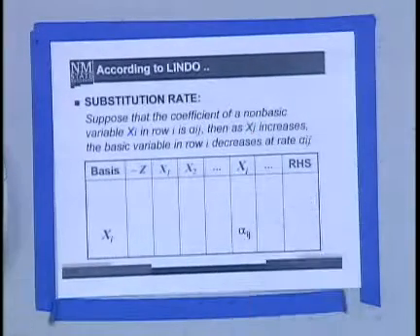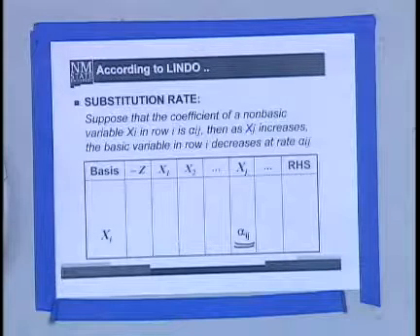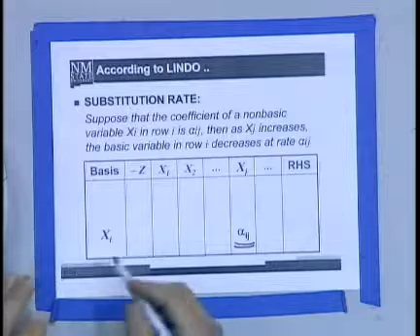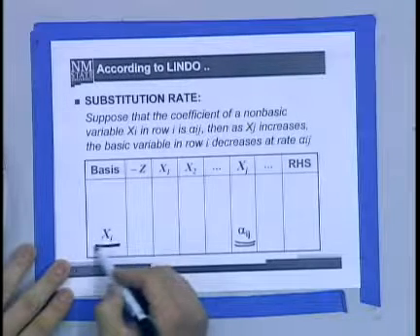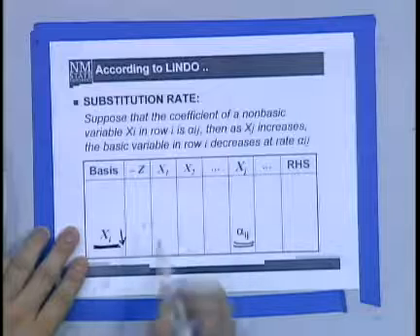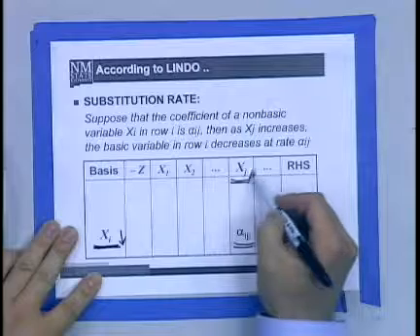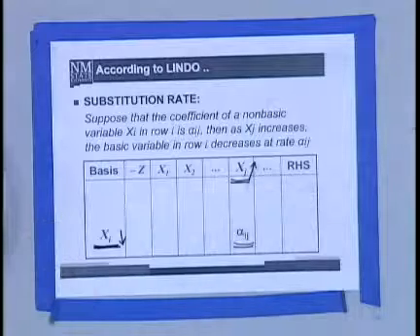So, we've learned substitution rate alpha ij indicates how much xi, that is the basic variable, decreases as non-basic variable xj increases, right?